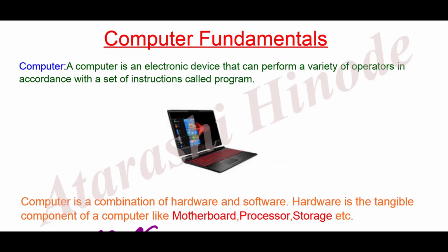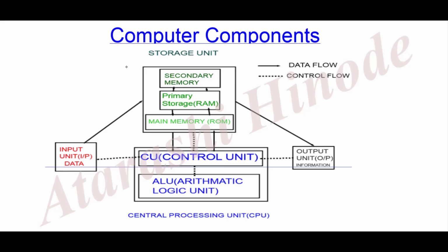Earlier we mentioned that a computer is a combination of hardware and software. Now let's look into the hardware, the components of a computer. These are the components of a computer, and this is the flow chart of data and control. Talking about the hardware: the input unit, the output unit, the storage unit, and the CPU, that is, the central processing unit.